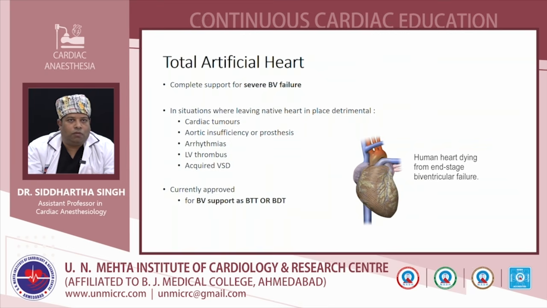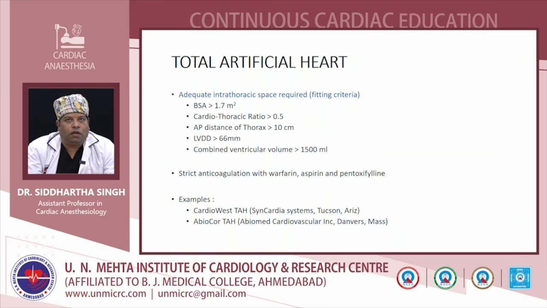Currently, the FDA-approved indication for biventricular support is bridge to transplant or bridge to destination therapy. The criteria for considering a total artificial heart are a body surface area of more than 1.7 square meters and a cardiothoracic ratio of more than 0.5.